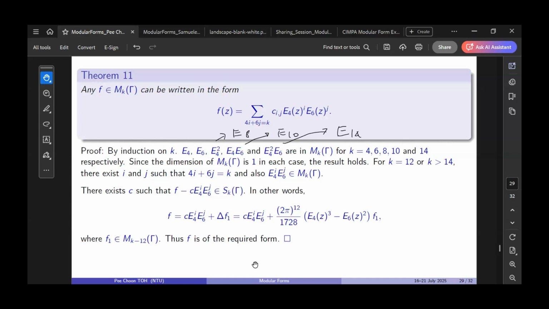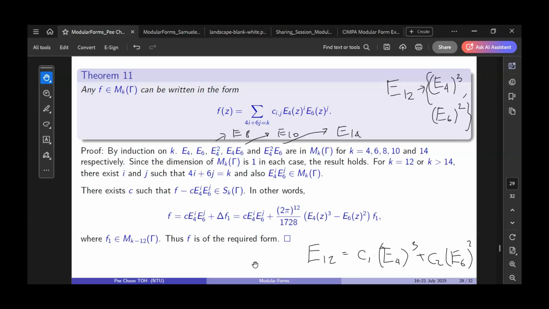But you can see that E12 will be generated by E4 to the power of 3 and E6 to the power of 2. You can show that E12 is basically something times this plus some constant times this.